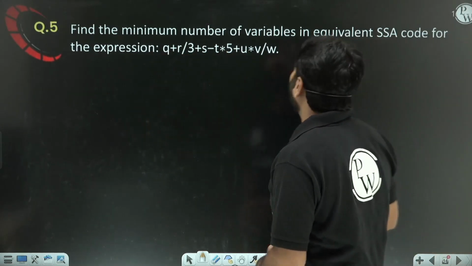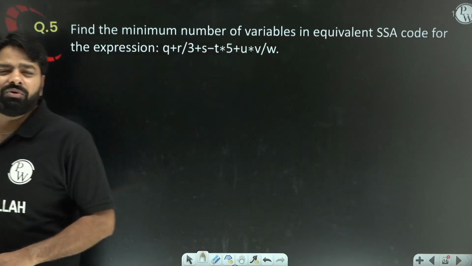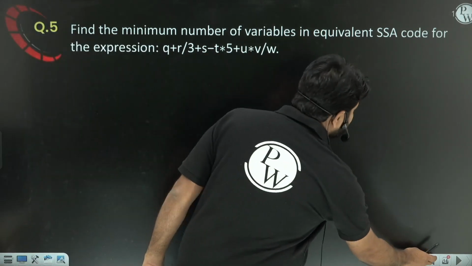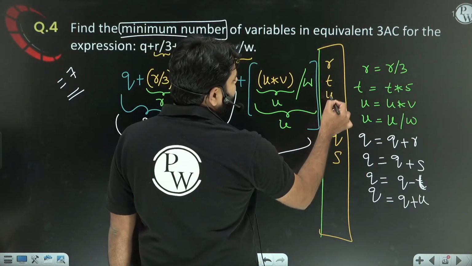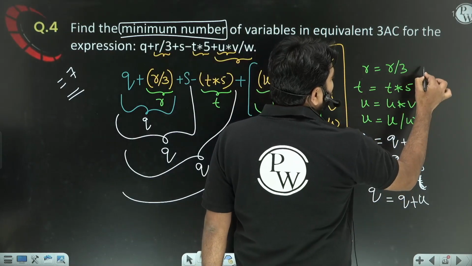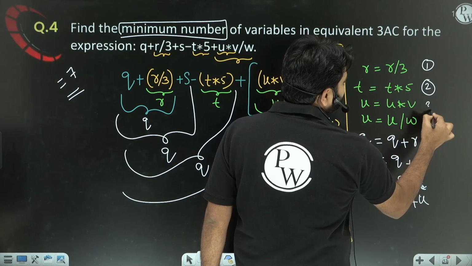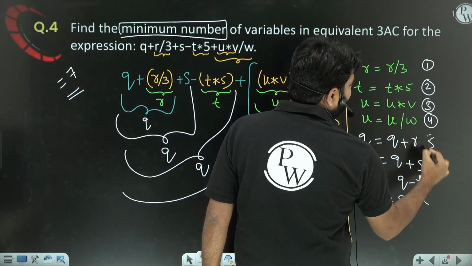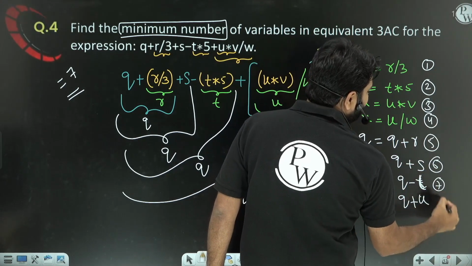Now, what is the minimum number of variables? You already got the answer, right? So I'll just take it from here: 1, 2, 3, 4, 5, 6, 7. 7 variables. How many instructions do we have? 1, 2, 3, 4, 5, 6, 7, 8.